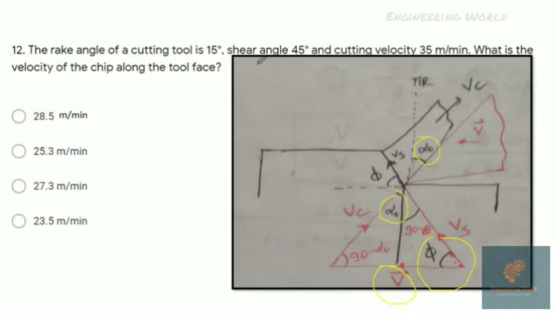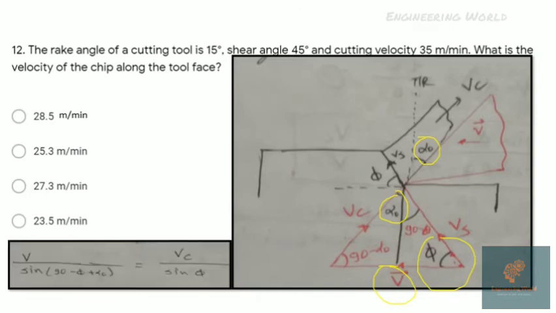This is the rake angle. By using the sine rule, that is the ratio of a side and the sine of the opposite angle are equal, we get V divided by sine of (90 minus phi plus alpha) equal to Vc divided by sine phi. So we get Vc equal to 28.58 meter per minute.